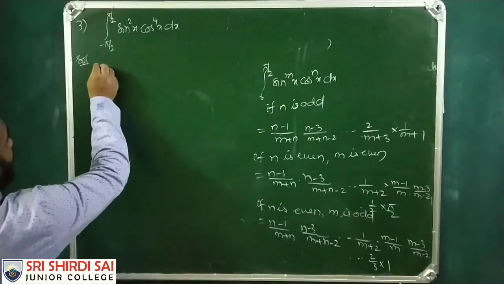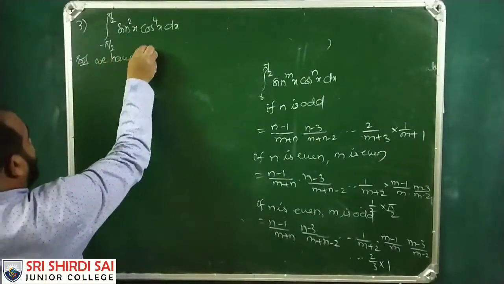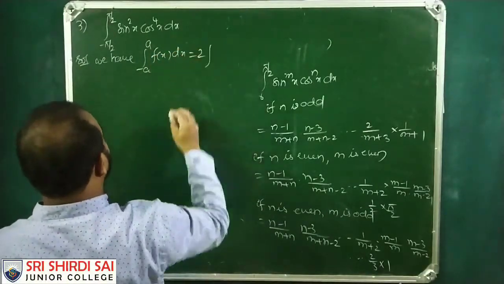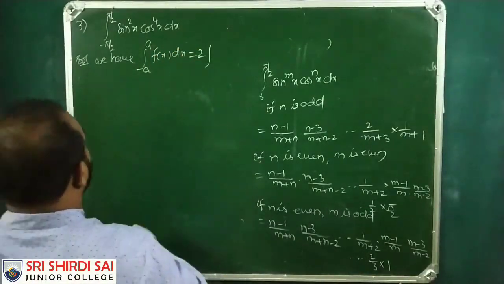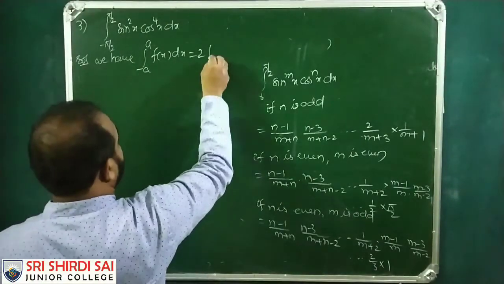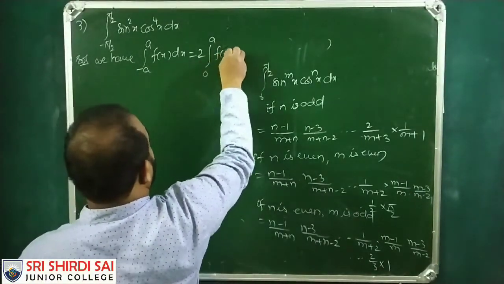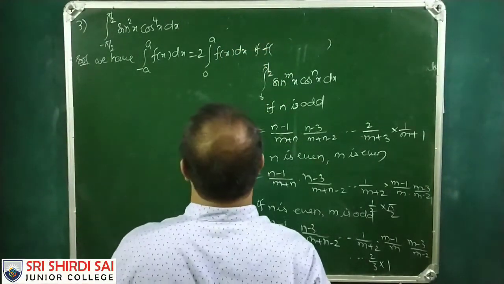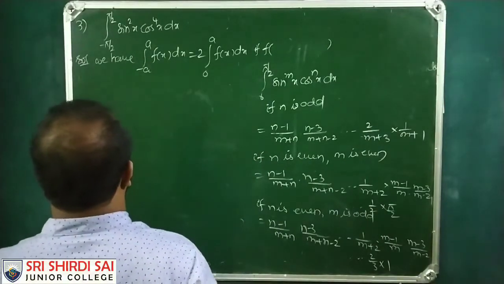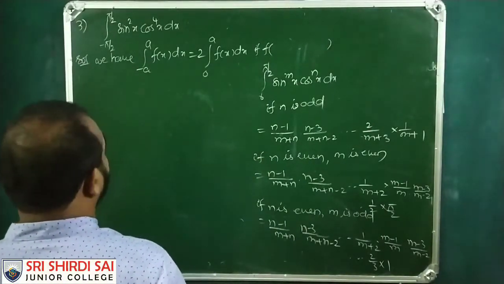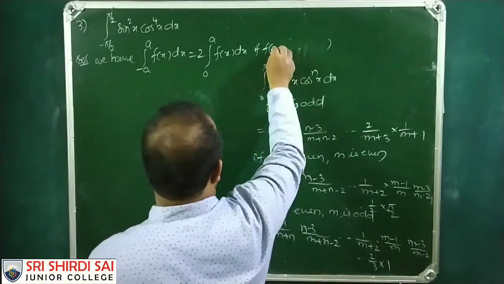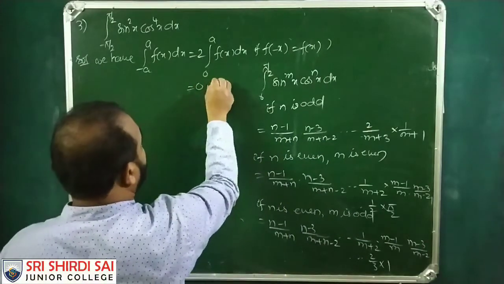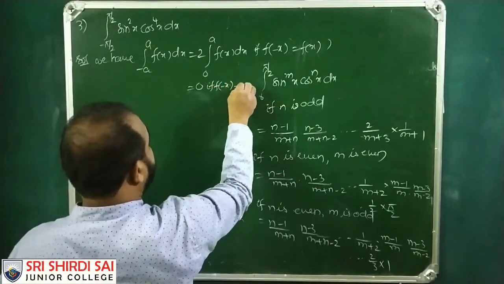So we have integral minus a to a f of x dx is equals to 2 integral 0 to a f of x dx if f of minus x equals to f of x, and 0 if f of minus x is minus f of x.